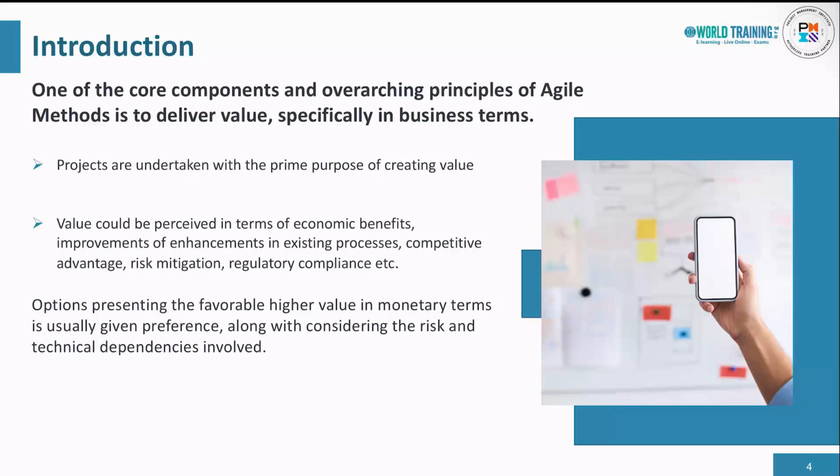So, three things are very important when we talk about value-driven delivery. First, we should deliver value to the customer, because projects are being conducted to deliver value. Second, we should focus on early value delivery.